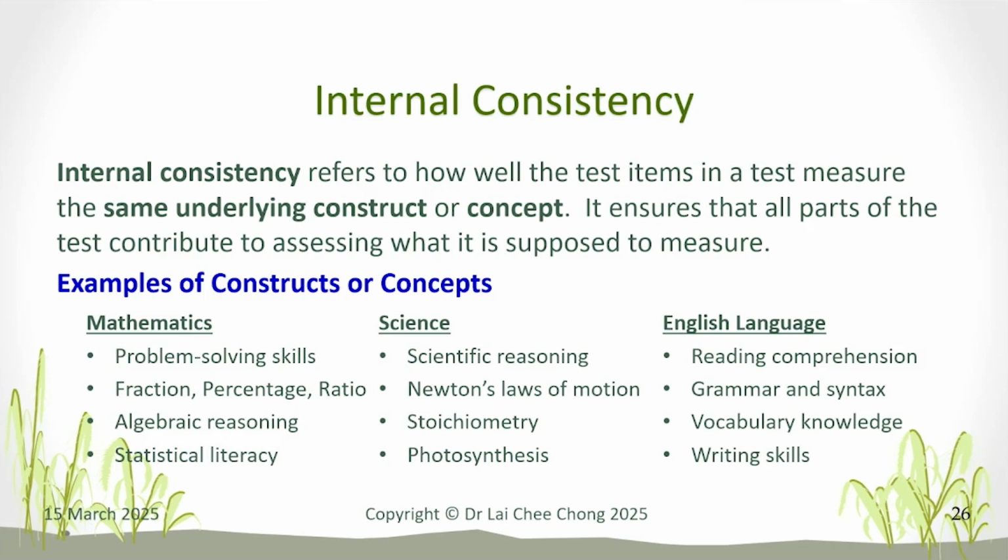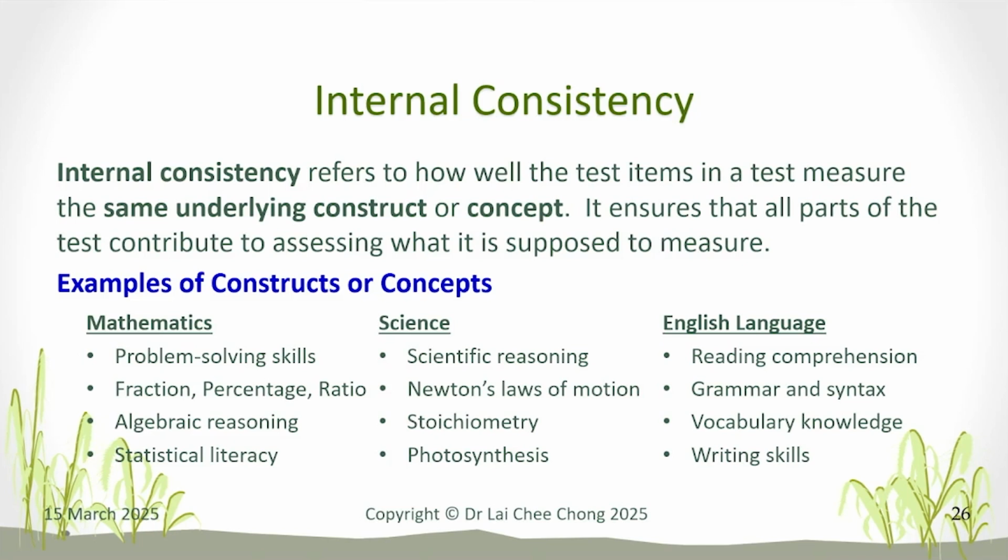Everything you talk about that. So that's a concept and a construct at the same time. In chemistry, for example, you're talking about stoichiometry, the chemical calculation, all together. So this is one construct by itself. Or in biology, you have what? Photosynthesis, one big topic in biology, for that very matter. So that's how you talk about it.